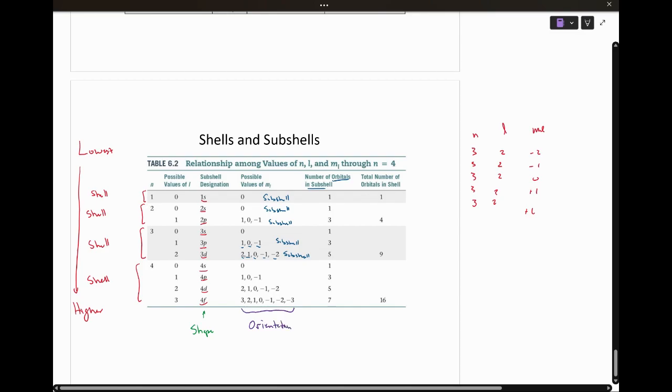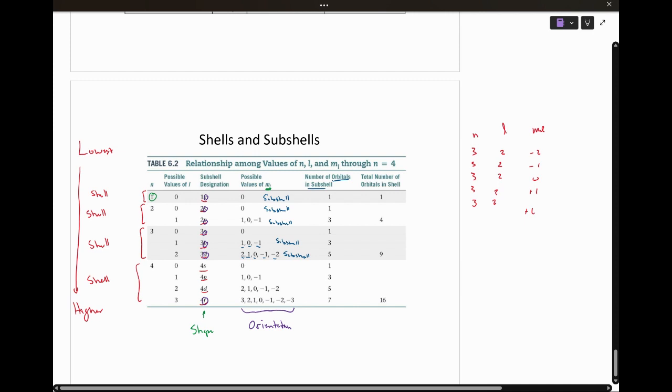And so this has all of our principal quantum numbers. We have the n value right there. We have the L value in terms of these letters, S, P, D, F. And then you have the orientation in all of your m sub L values.